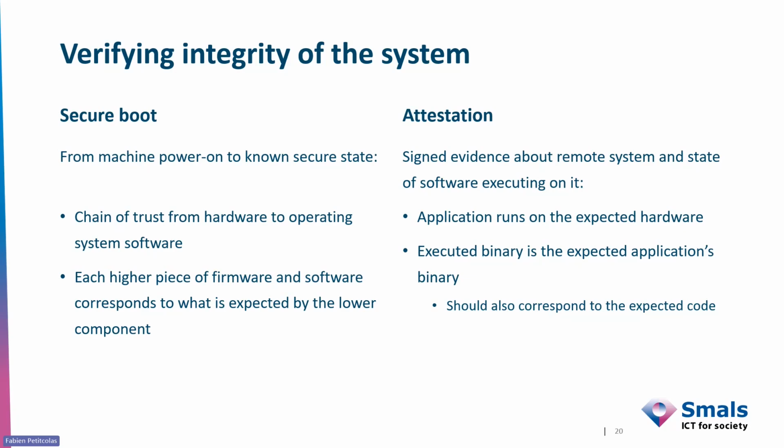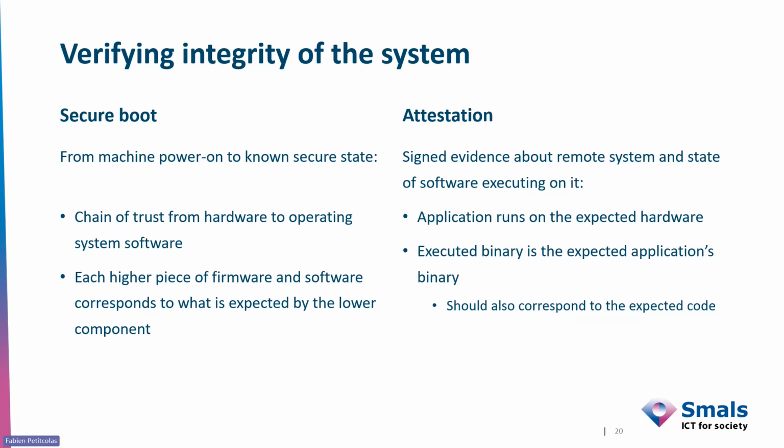So typically, we would do a measurement of that binary, and that measurement, I'm using the term which is used in the confidential computing area, but in practice, it's a cryptographic hash of the binary, which we will sign with a certain key.